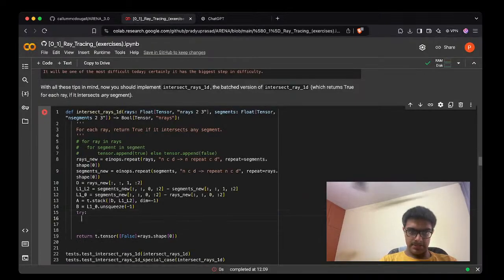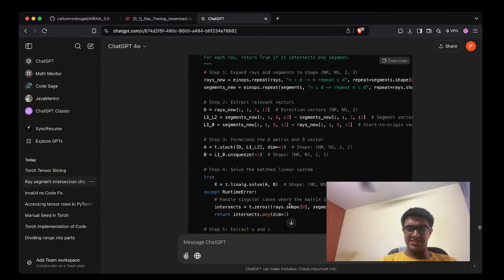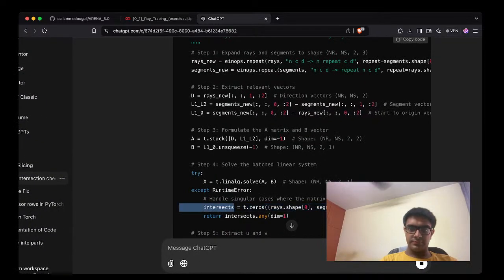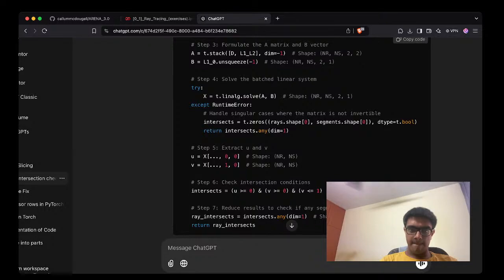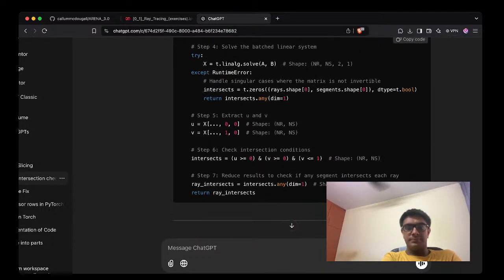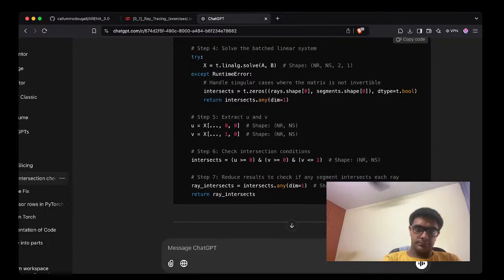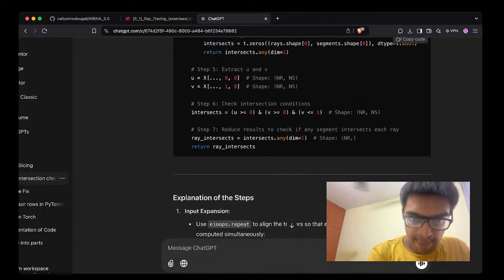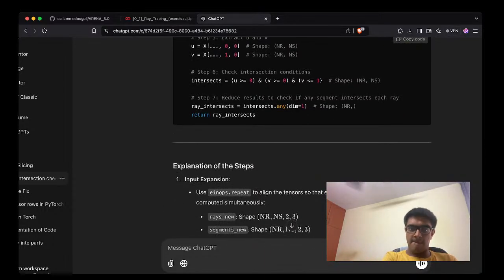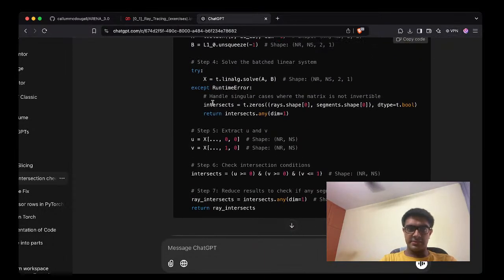Try x equals, what is this? Intersects. Can you explain this?